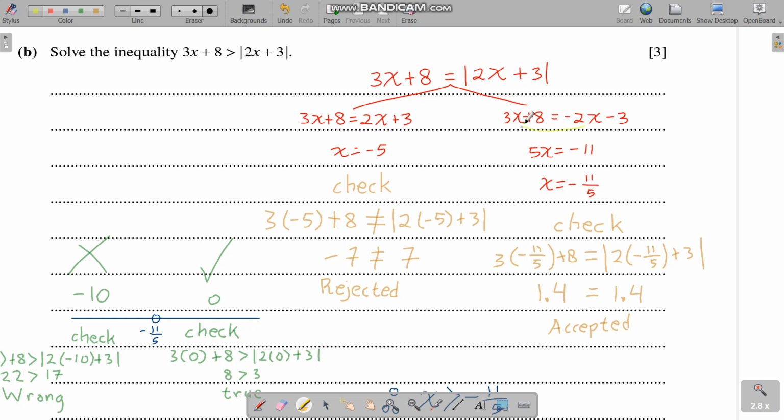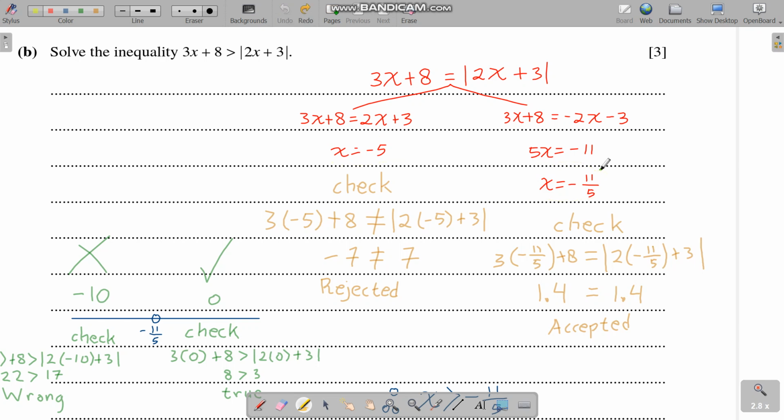And here we move the minus 2x to the left, we get 3x plus 2x, which is 5x, and the 8 to the right, minus 3 minus 8, that's minus 11, and we divide both sides by 5, we get minus 11 over 5. Now these are supposed to be the critical points.